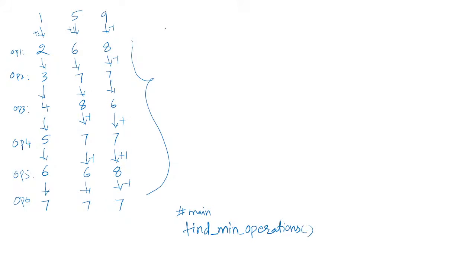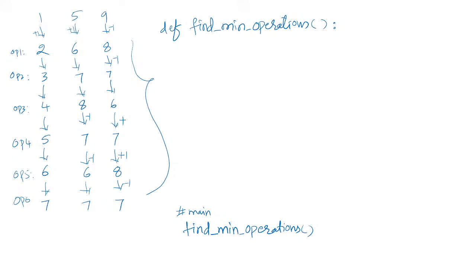Then we'll define the function called find minimum operations. I'm just trying to show you how to write a function. Everything you can write in the main itself if you require.